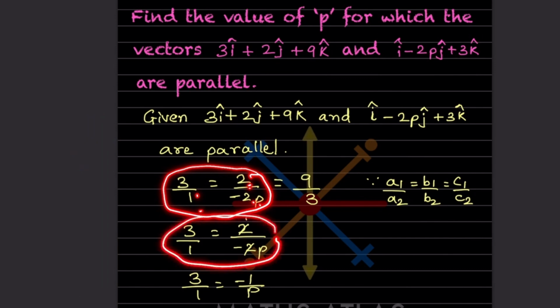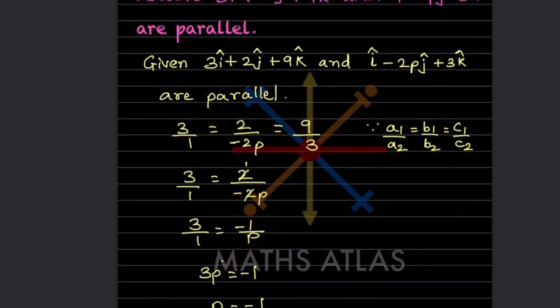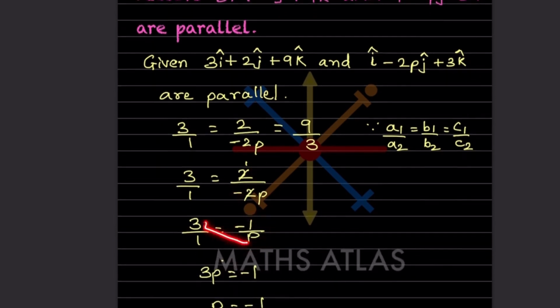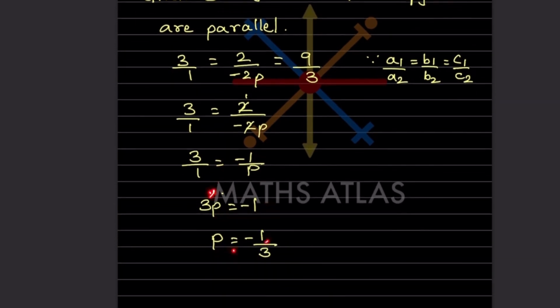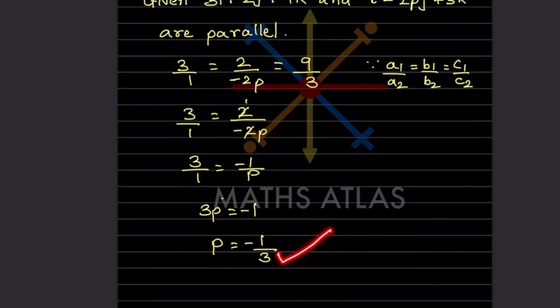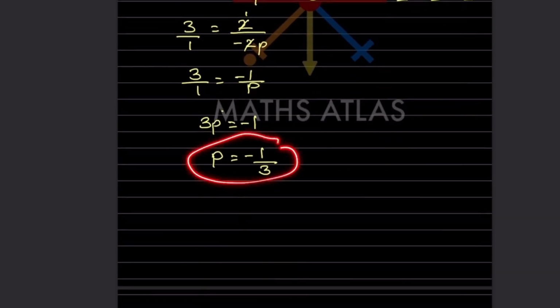So you will do this way. So what happens here? 2 and 2 get cancelled. So now when you write here 3 by 1 is equal to, what remains is minus 1 by p. So now we'll cross multiply this one. So that will be 3p is going to be minus 1. So p is going to be minus 1 by 3, this is multiplication, so this is going to get divided. That is what they have asked, the value of p. So we got the value of p.